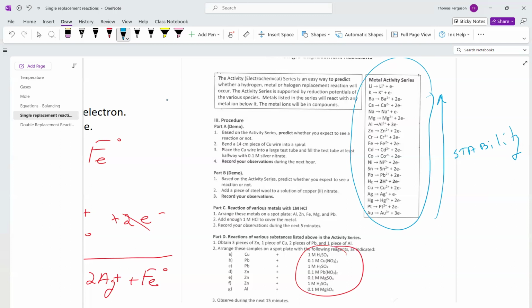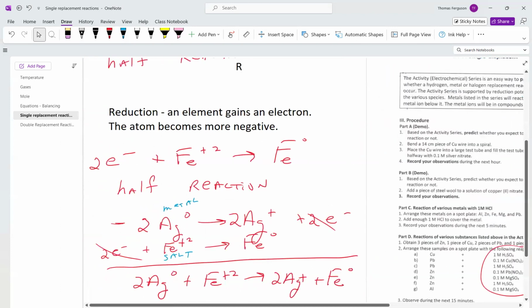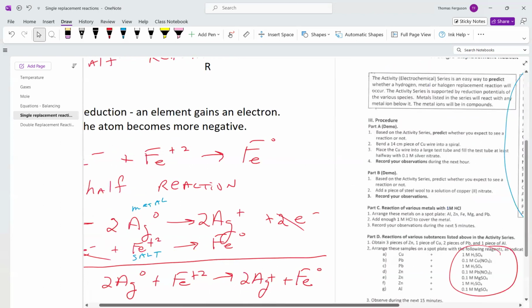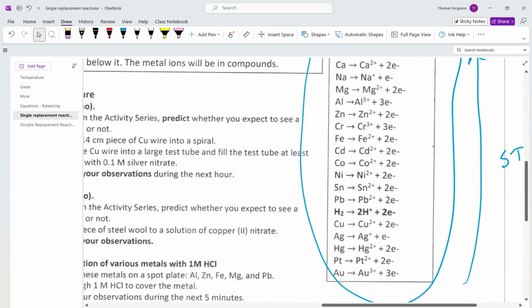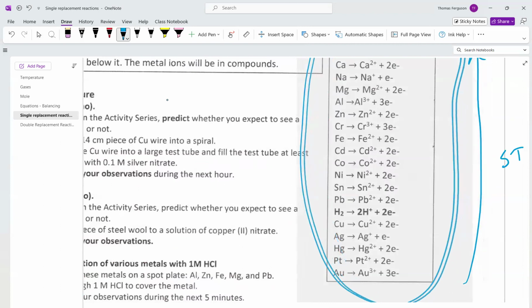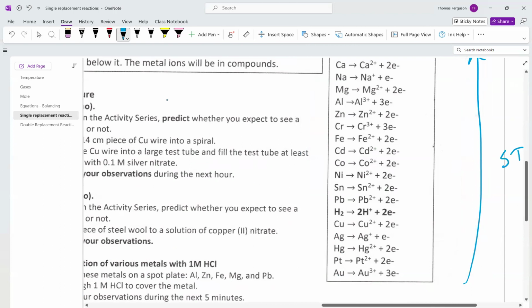Okay, so this table over here can be used to predict whether this reaction is going to happen or not. The first thing you're going to do is find the relationship between silver and iron in the table. There's iron and here's silver.